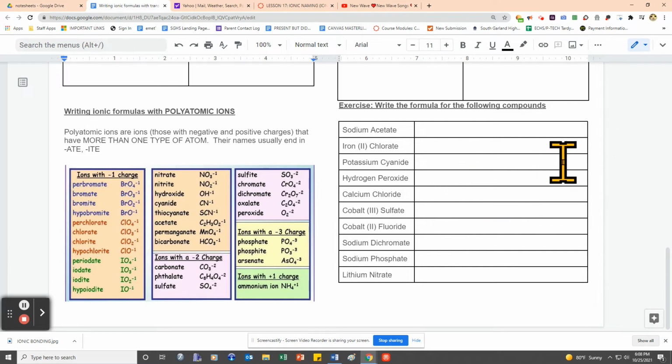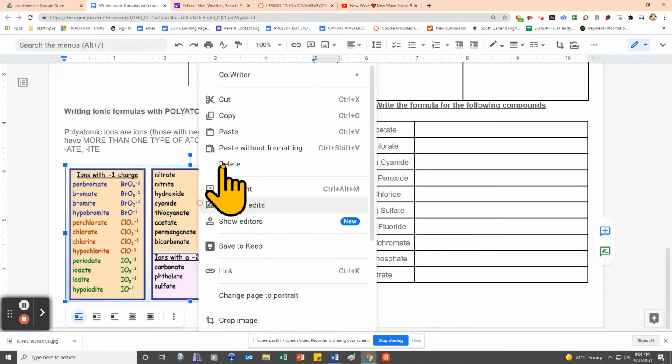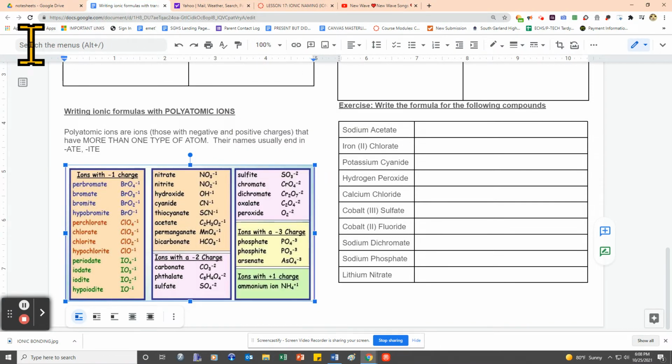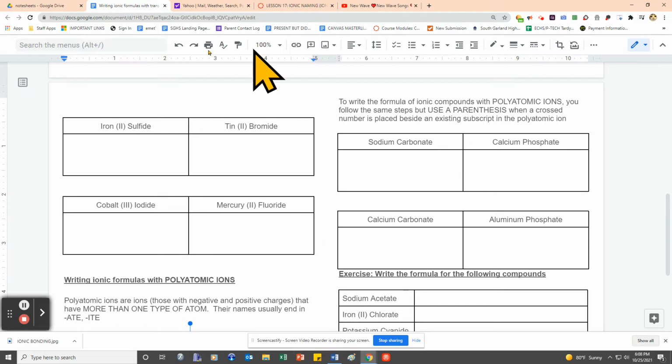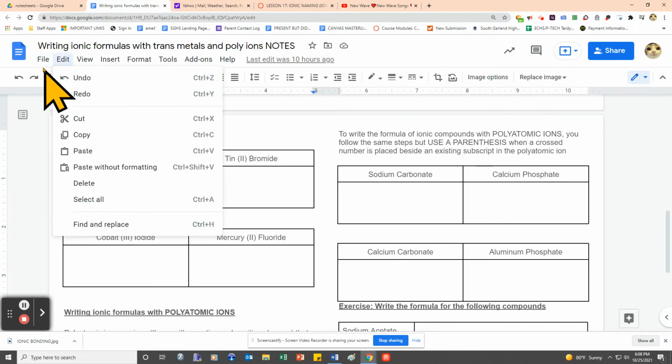What happens now? What if, for example, you're trying to figure out the name of the compound? Let me just copy this somewhere so that we can have more space. And remember, guys, you should have this on your note sheets.